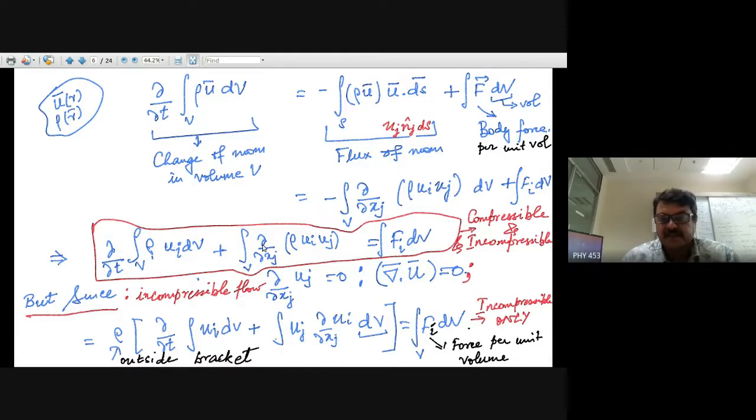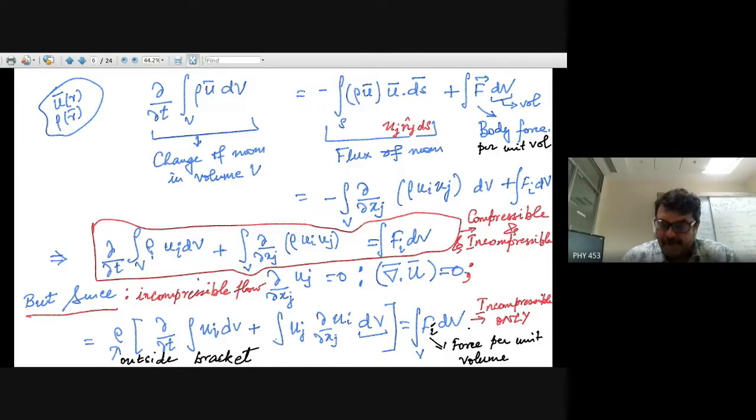And so this was already in terms of volume element. Now if you're talking about the same volume element, the volume element is not flowing, it's fixed in space, so you are looking at del del t, right? So this is the general equation which holds for compressible flow as well as incompressible flow, right?